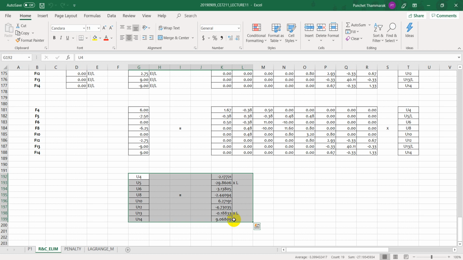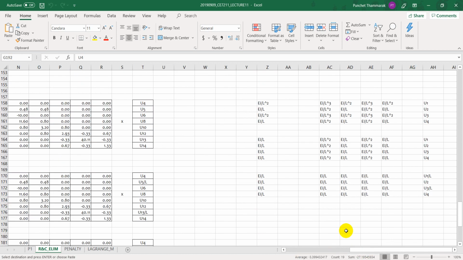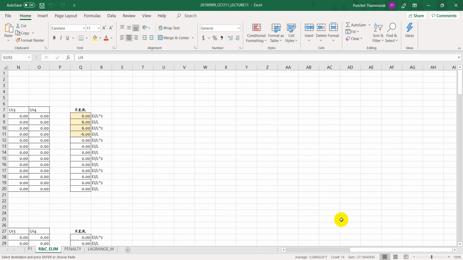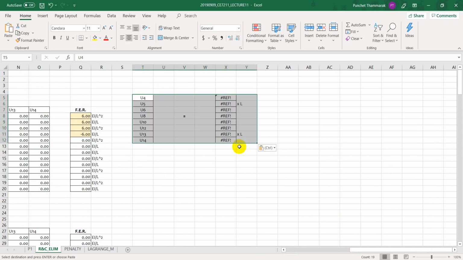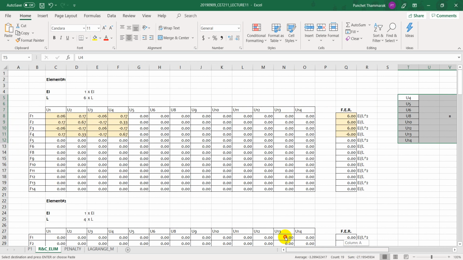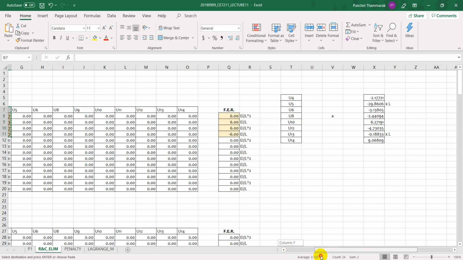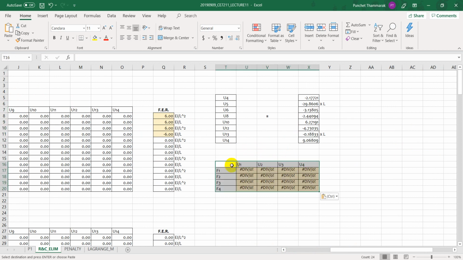So we come back to the individual governing equation, the equilibrium equation of an individual element. I copy this and paste it temporarily somewhere over here. So we come back to element number one. You have this, so I'm going to copy this and put it somewhere here.